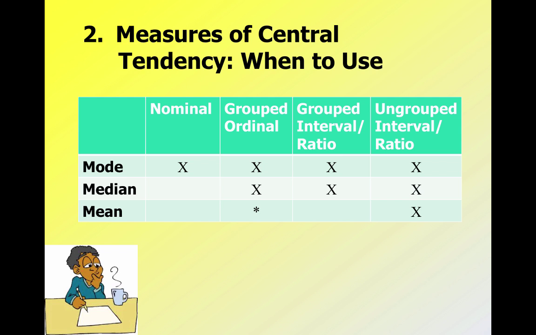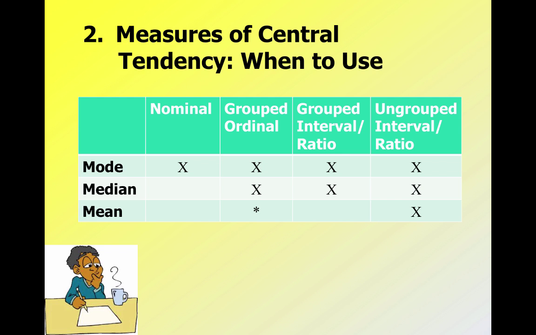Okay, measures of central tendency. When do we use them? So if you recall, I mentioned depending upon the level of measurement for any given variable, it'll tell us whether or not we can calculate and report the mode, the median, or the mean. And this table here is a nice breakdown of what level of measurement we have for any given variable and what are the appropriate central tendency measures that we can report for that type of variable.